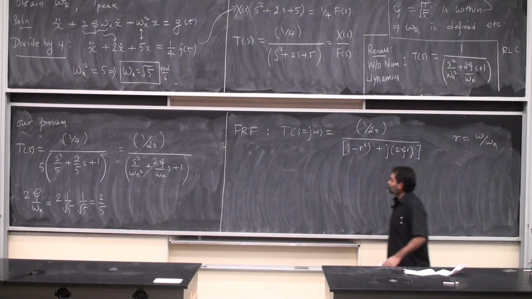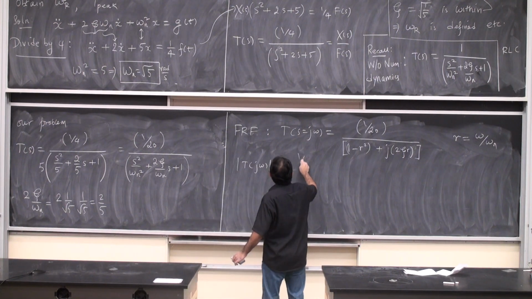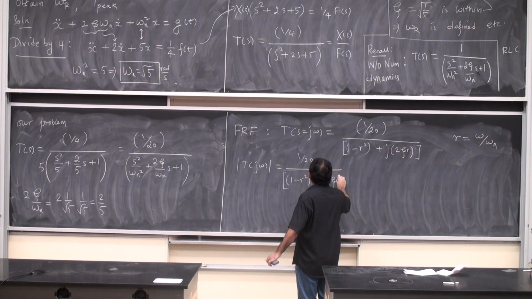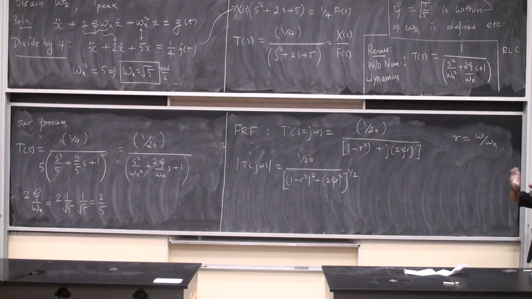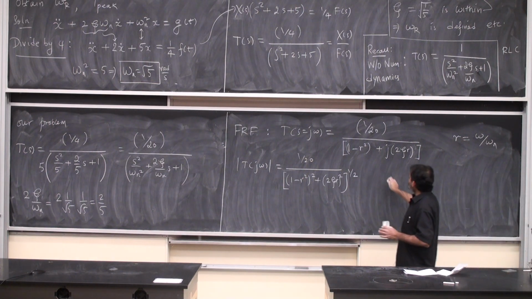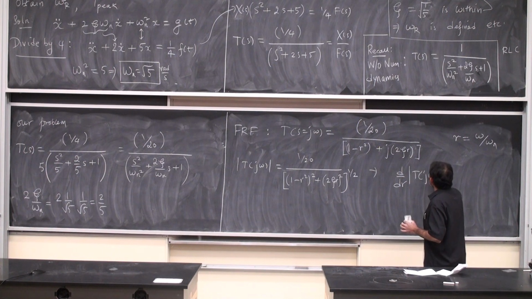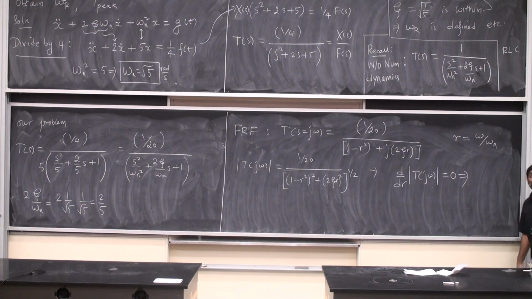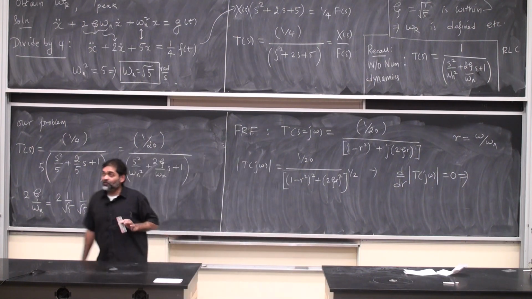Magnitude of T of j omega. One by 20. Now we solve these squares to the power 1 by 2, and now if you do your differentiation to find omega r, in this case the numerator will have nothing to do with the magnitude of the resonant frequency, the numerator on the magnitude of the FRF.